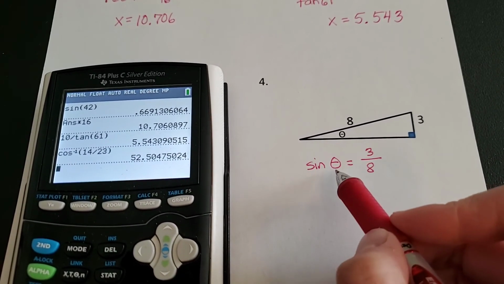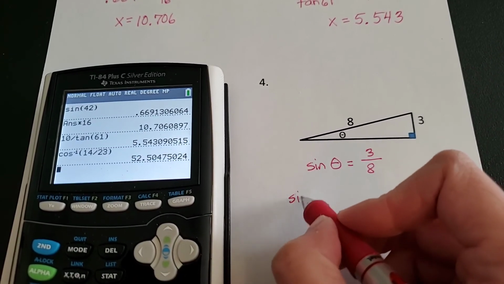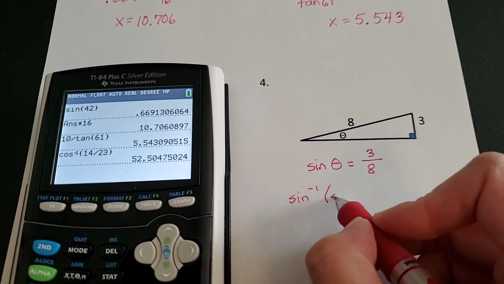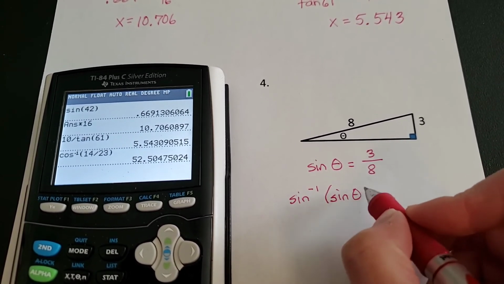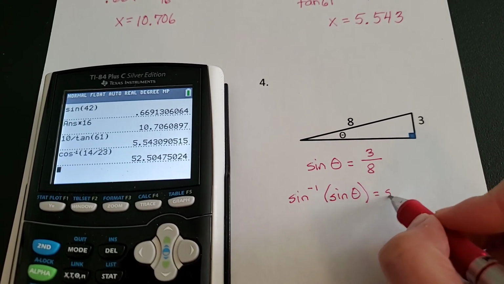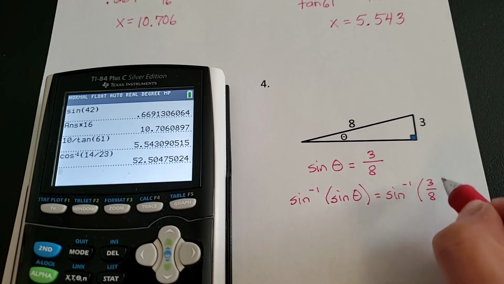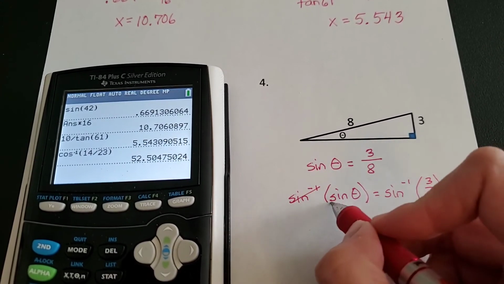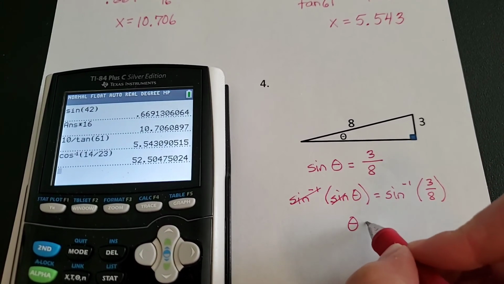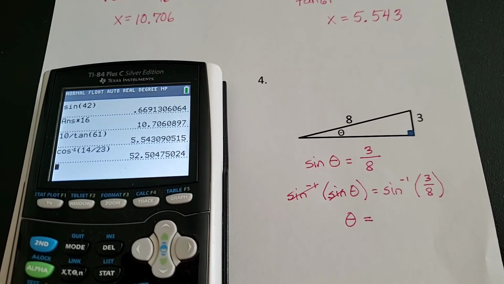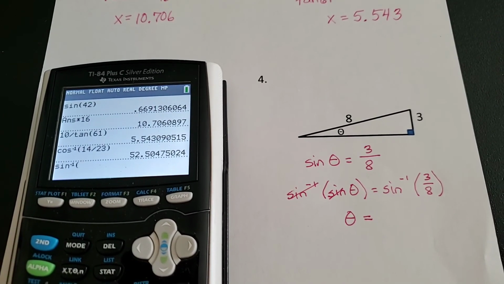Now to get theta by itself, take the inverse sine of both sides because the inverse sine undoes the sine function. And so those undo one another and theta pops out. And then the inverse sine is the second, then that sine function.